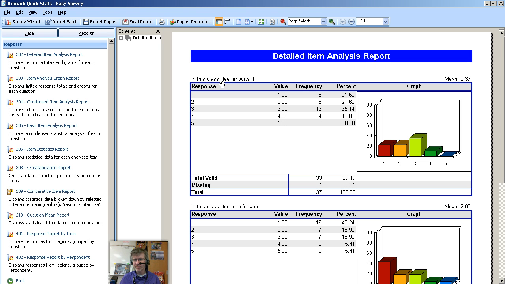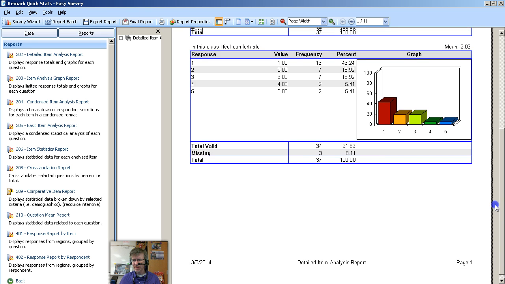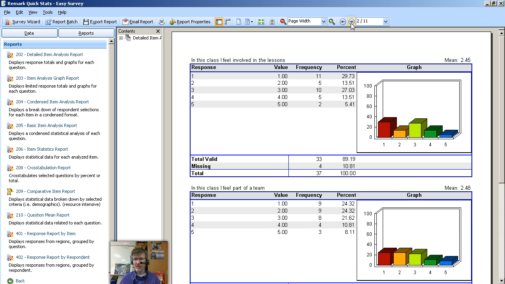We have basically a central peak with a plateau over here on the left, and so on. You can see each of these graphs and then page through them using this button up here. So for the detailed item analysis report, you have 11 pages to go through.